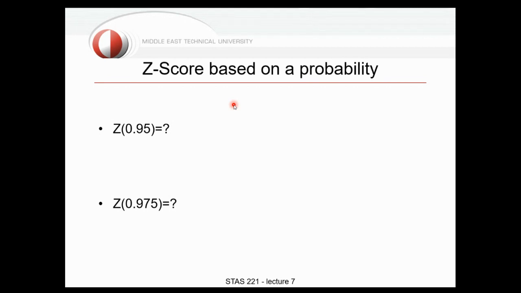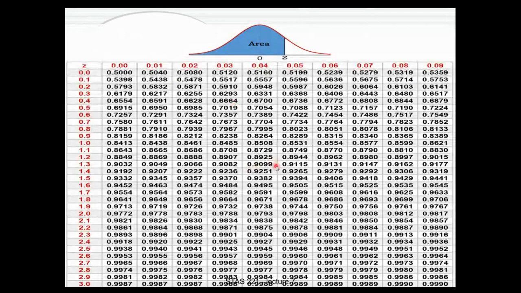Let me show you inside the table. For example, I want to find the z-score corresponding to 95%. The probabilities are inside the table, not on the marginal parts. So if I want to find that, I should look for 95%. When I look it up, I will find it somewhere here, right?